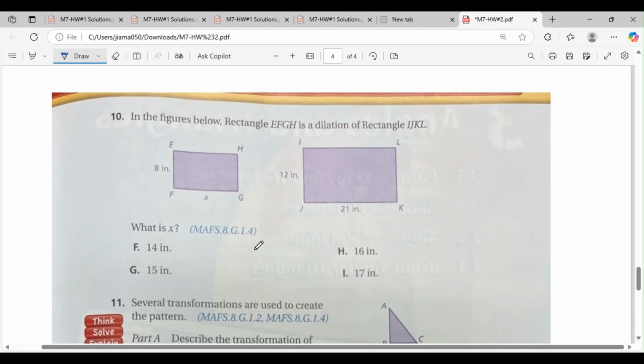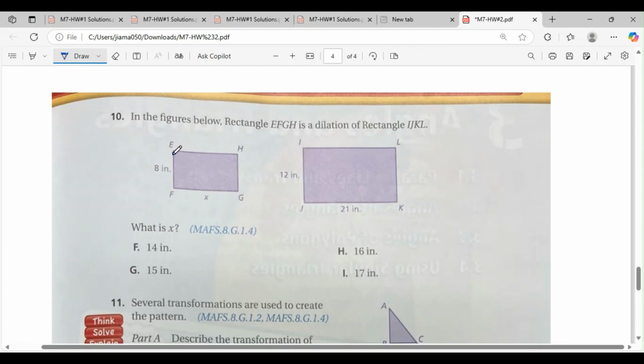Okay, let's see. Number 10. In the figures below, rectangle EFGH is a dilation of rectangle IJKL. So what is X? Let's do it.